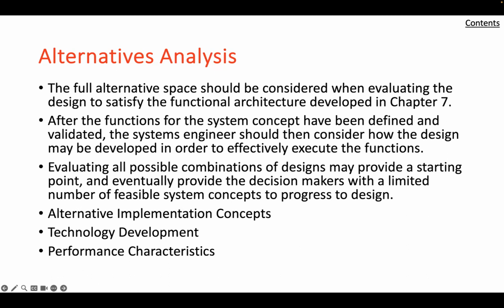Considering the full alternative space allows the systems engineer to identify the constraint space, such as what needs to be addressed and considered. Perhaps this accounts for the operational environment constraints for the system to work in and/or other organizational constraints that the system must operate in and account for other organizations.